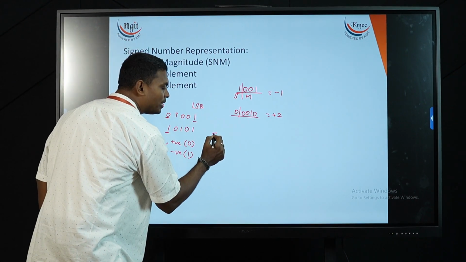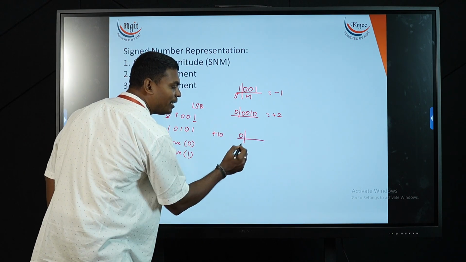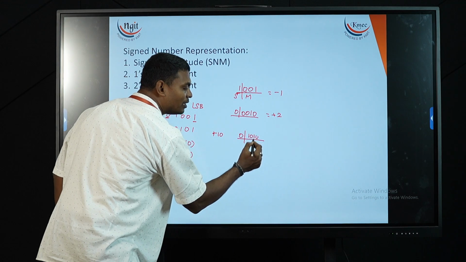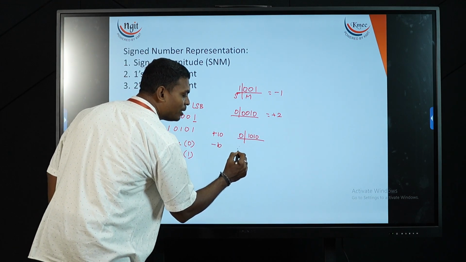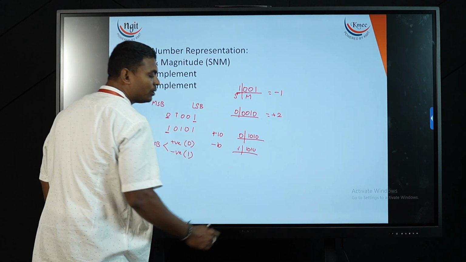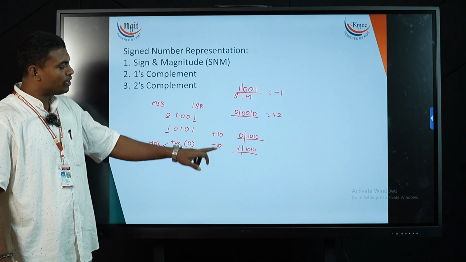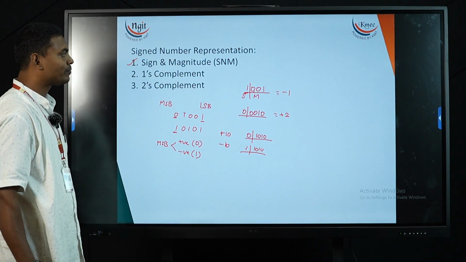If I want to represent plus 10, then 0 is my sign bit and my 10 will be represented as 1010. If I wanted to represent minus 10, the sign bit will be 1 and my magnitude will be 1010. So this kind of representation goes for sign and magnitude.